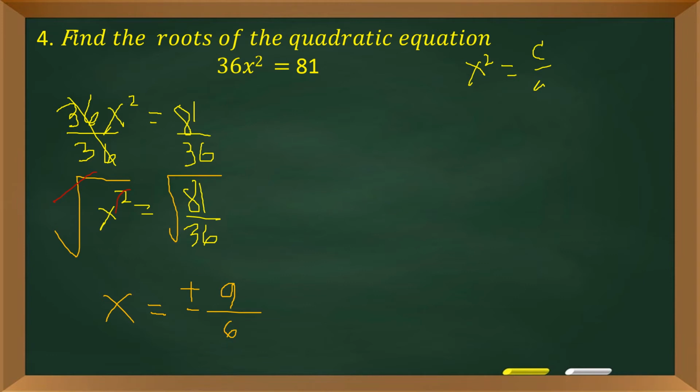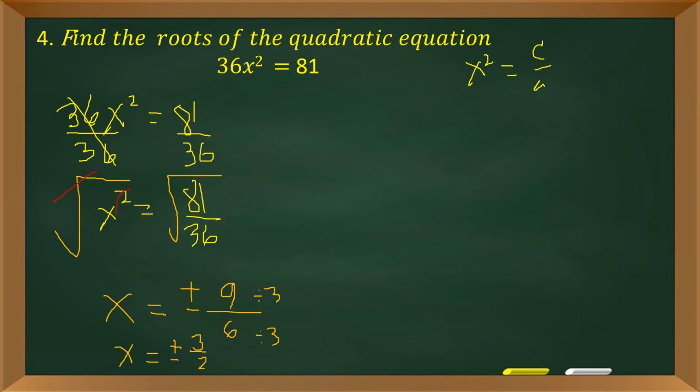Yes, but 9 over 6 is a fraction which can be simplified into its lowest term. The 9 and 6 can both be divided by their greatest common factor, which is 3. So, simplify the fraction muna by dividing the numerator and the denominator by 3. So, that's 3 halves.